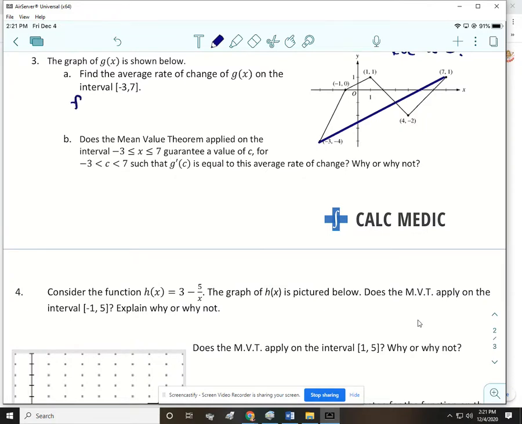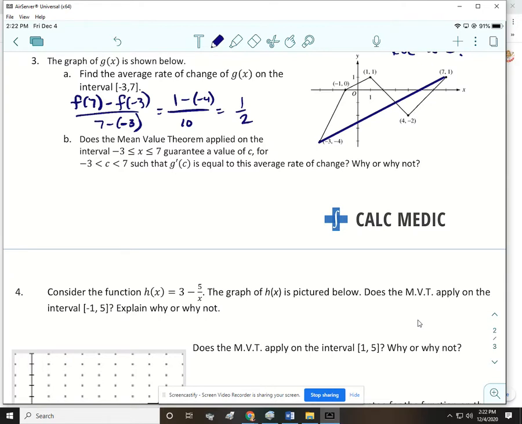That's g of 7 minus g of -3 over 7 minus -3. Okay, so g of 7 is 1, g of -3 is -4. So that gives us 5 over 10, or 1/2.